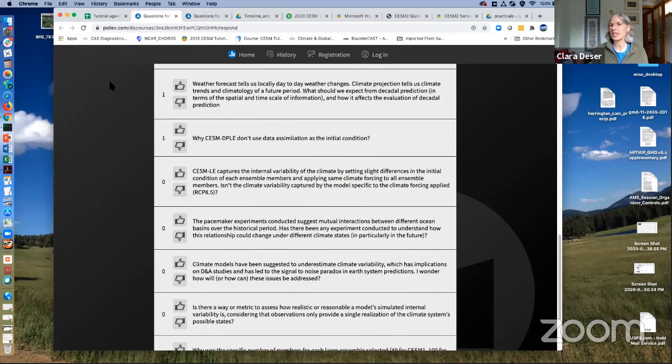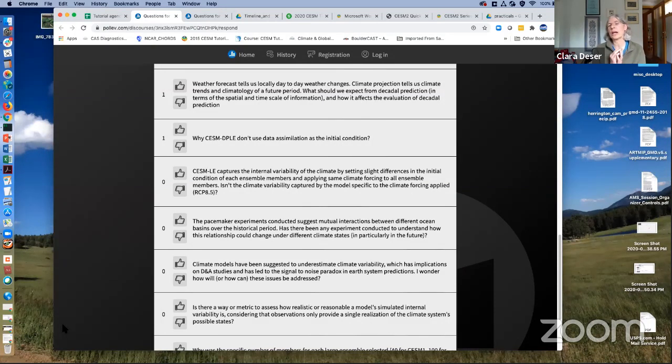Decadal prediction is the hybrid between the two, and it has both. You're relying on there being some memory in the system of the initial condition, but you're also doing these predictions over a long enough time scale that the external forcing, the greenhouse gases, for example, are changing. And that's also leading to a predictable signal. So decadal prediction is sitting at that nexus.